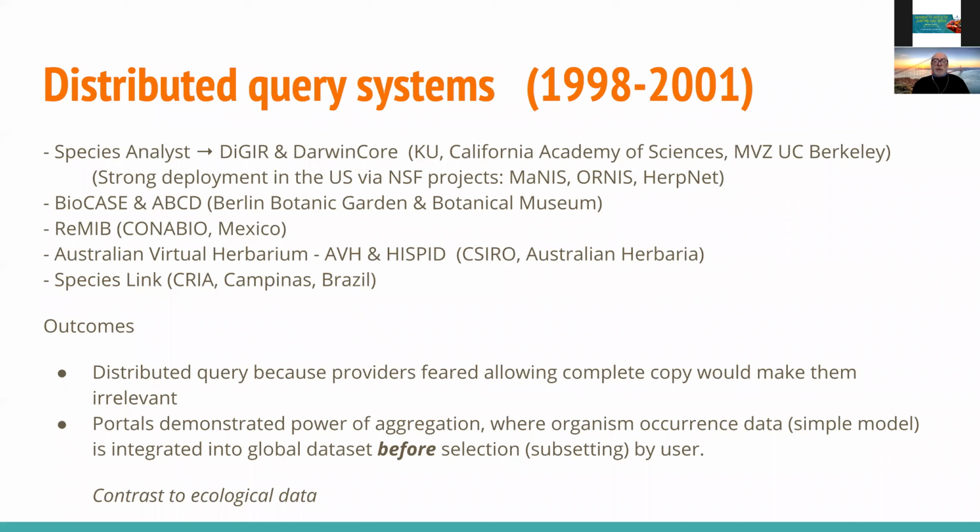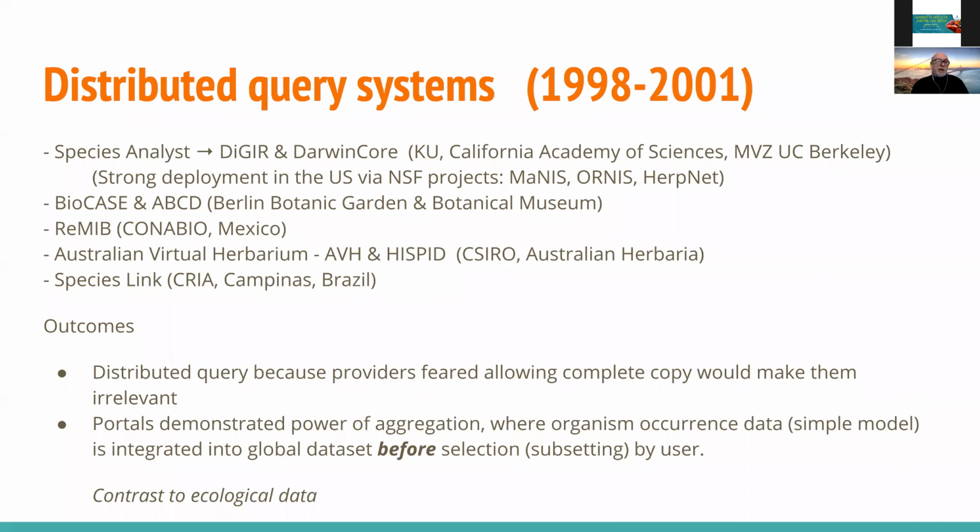We knew that, in essence, any question that you can answer with information from one museum or one collection, you could answer better with information from all collections, or as many as possible. So we started to build distributed query systems. They had to be distributed, where you didn't cache all the information centrally, but built a system that queried each provider individually and synthesized the information in real time, because people were very concerned about data ownership.